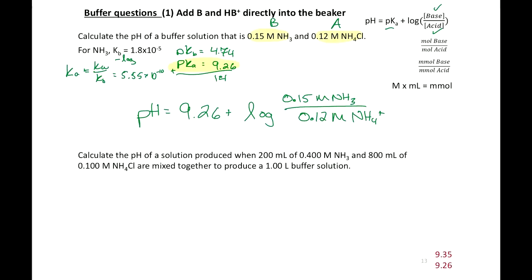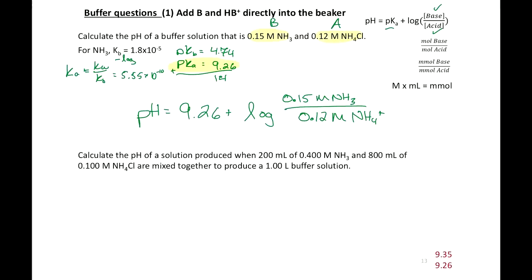That is the concentration of our conjugate acid. And then you get that the answer is 9.35. So this buffer is in the basic region because it is made with a weak base system that has a pKa in the basic regime, versus the HF system we used, whose pKa was in the acidic regime.